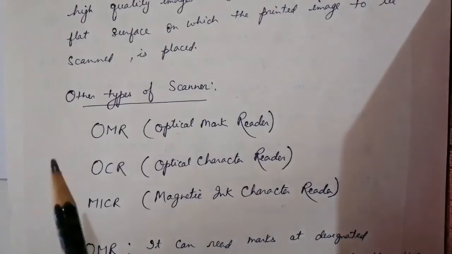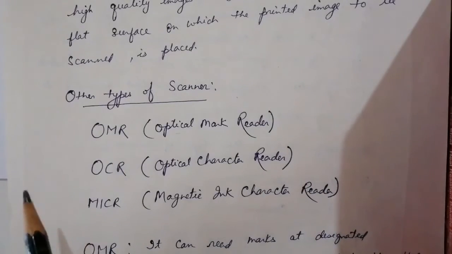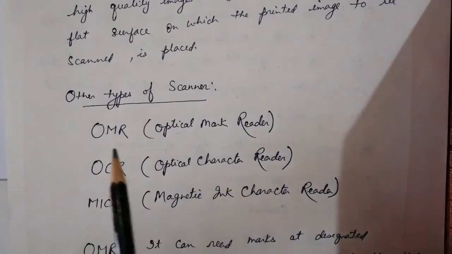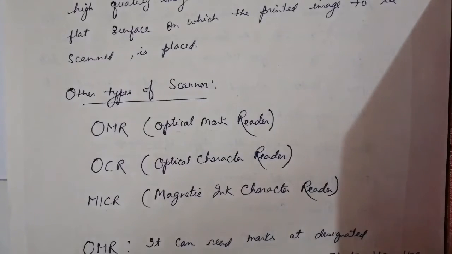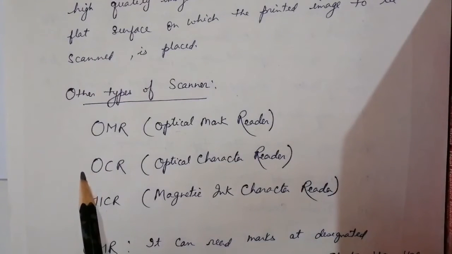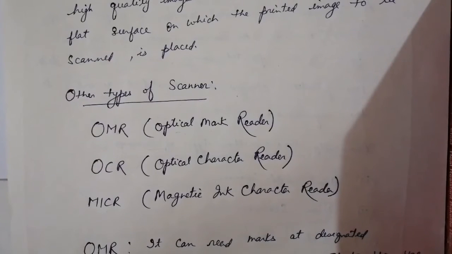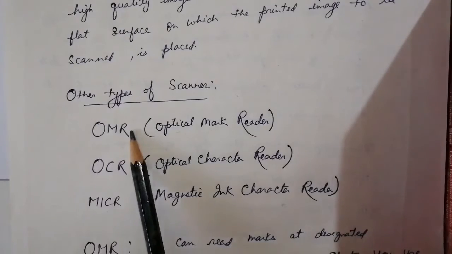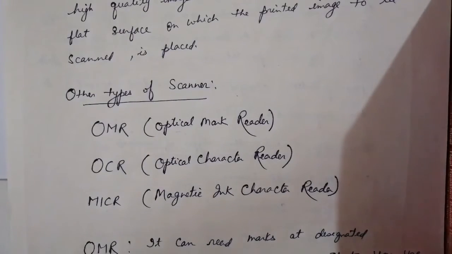It is used for evaluation purposes in many examinations. Like when CBSE conducts exams, there is an OMR sheet, and in banking also OMR sheets are given to the candidate, and further it is evaluated by an OMR machine, the optical mark reader.